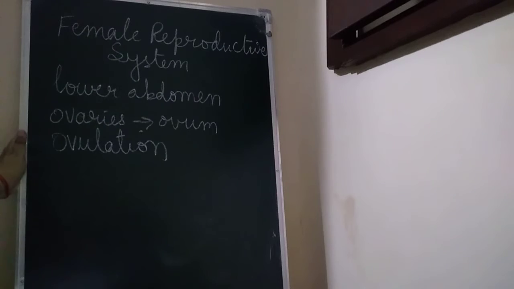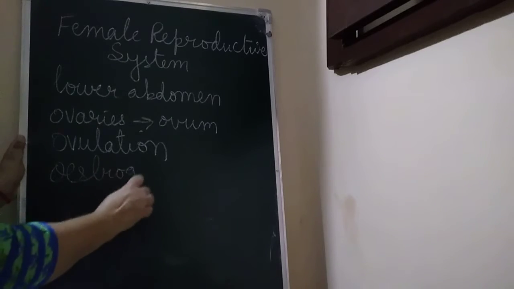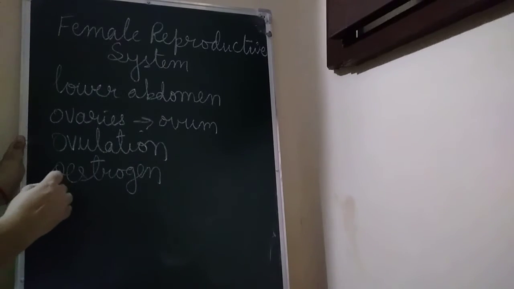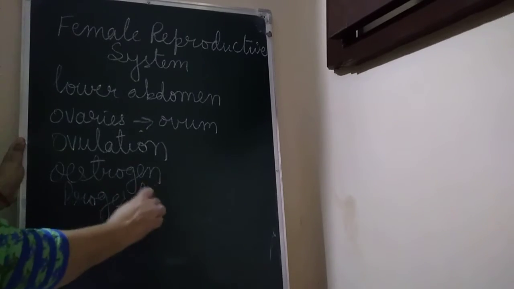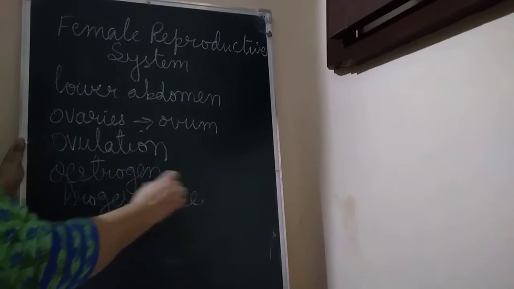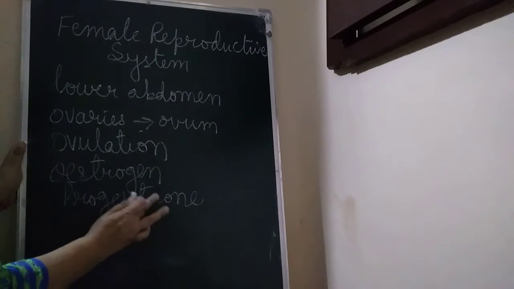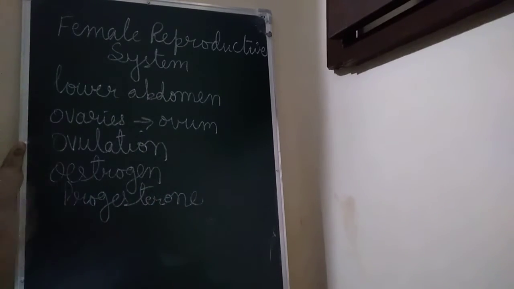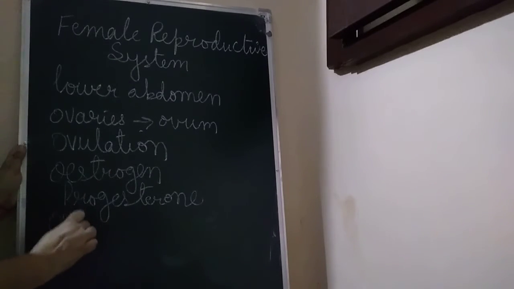The ovaries also secrete the female hormones that are estrogen and progesterone. Then the ovum travels through the oviduct. That oviduct is also known as fallopian tube.